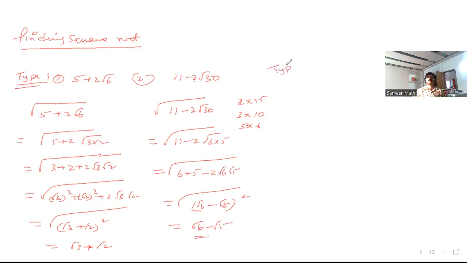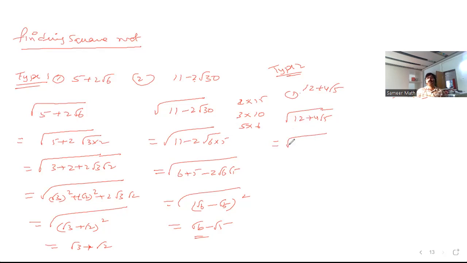Now I'll go for type 2. Because 2 is available here, that's why I said type 1. The type 2, what is that? Something extra, like in 12 plus 4 root 5, 4 root 5 is there. Another one I'll take here, 7 plus 4 root 3. 2 examples. In this type 2, you see 12 plus 4 root 5 is there. We want 2 only, because a plus b whole square, a minus b whole square, you have 2ab.